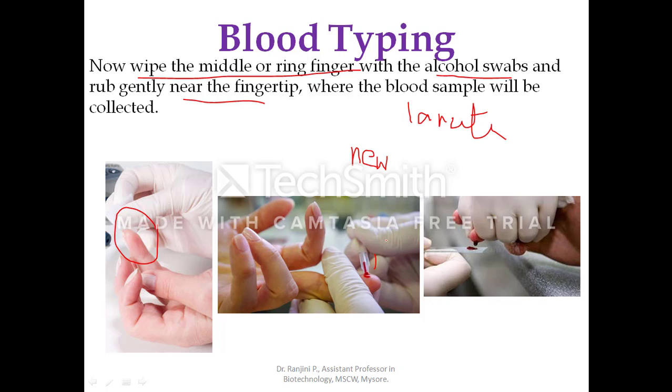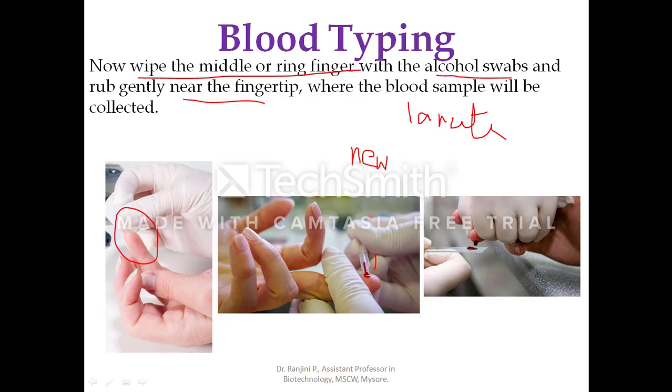You have to open these lancets when you are pricking your finger for the blood. The sterile lancet is taken and you prick the tip of the finger. You should not touch the tip of the lancet, otherwise it will be contaminated. And then put a drop of the blood into each circle.